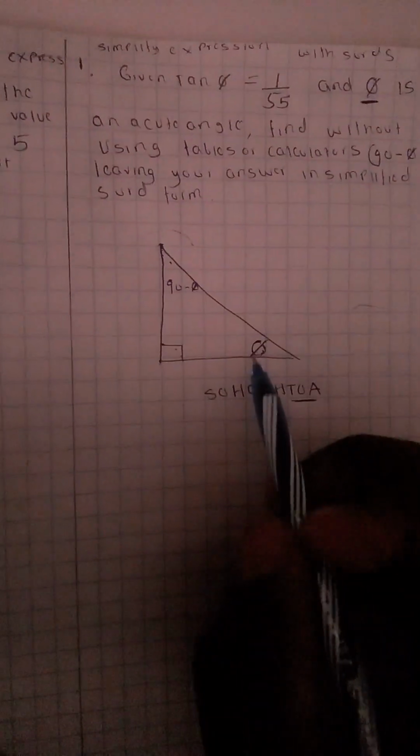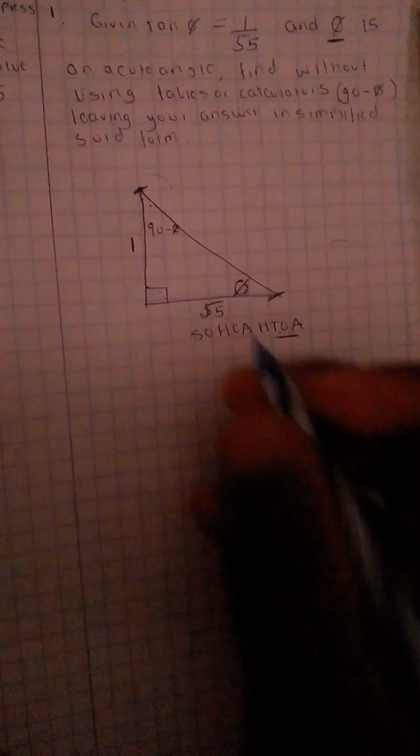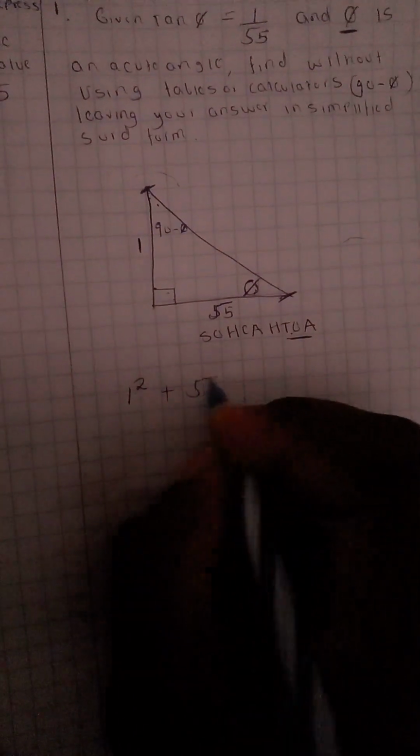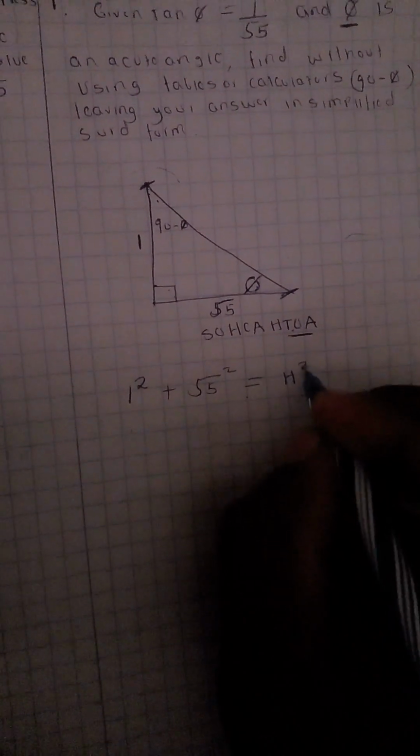Now that tan theta here is 1 all over root of 5, the opposite is 1 and the adjacent of that theta is root of 5. So let's solve the hypotenuse: the 1 squared plus the root of 5 squared will give us the hypotenuse squared.